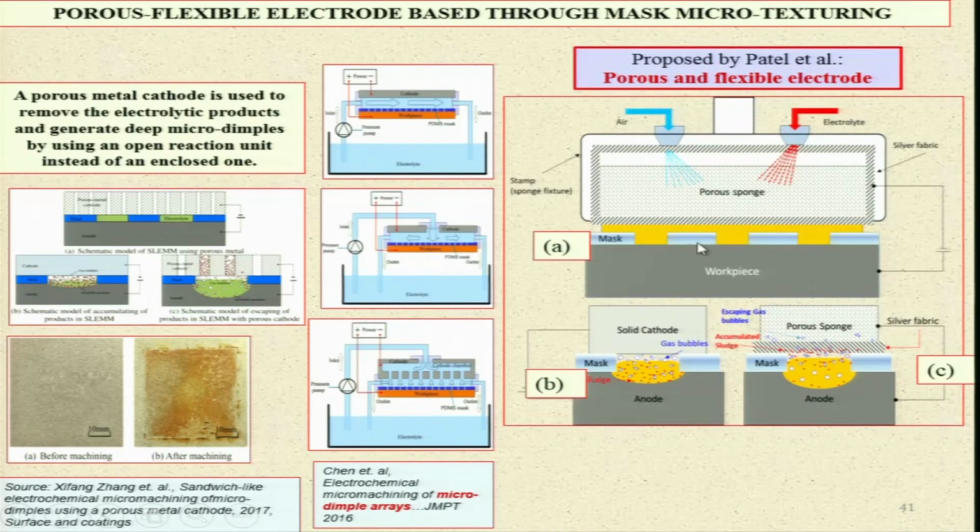So instead of continuous electrolyte flow like this, Divyansh Patel has proposed the jet electrolyte supply. This is the porous sponge one, and the mask is there, the workpiece is here, and this is the electrolyte which is removing the material from the workpiece, as you can see over here, and these are the gas bubbles and reaction products from the workpiece.